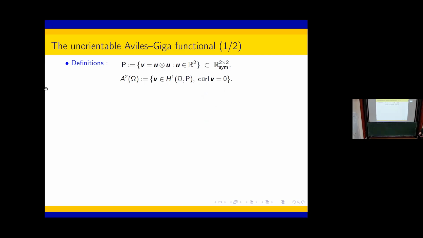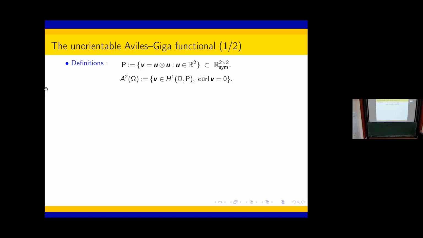You obtain a cone, and the cone is a plane. Okay, and I have to decide what is a curl-free vector field in this situation. And here it's more complicated.